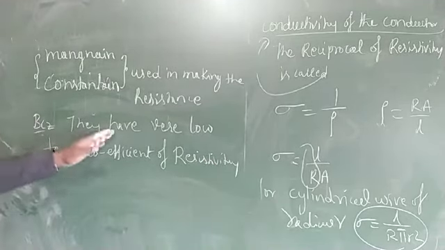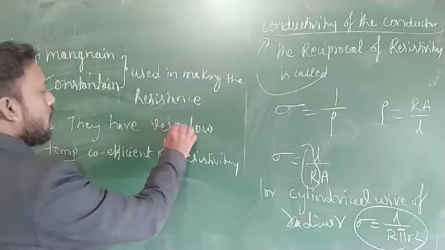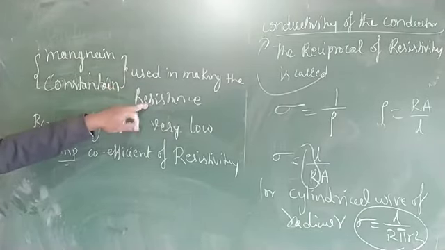Therefore, because of the very low temperature coefficient of resistivity, manganese and constantan are used in making resistances.